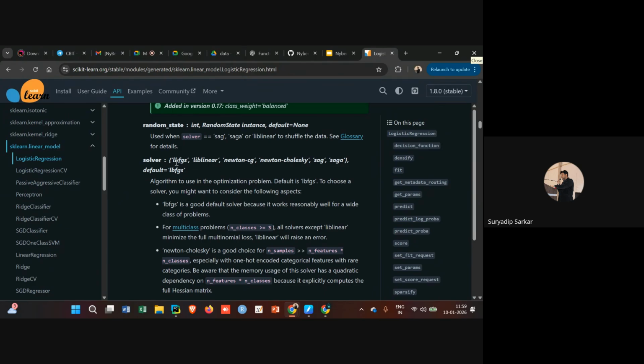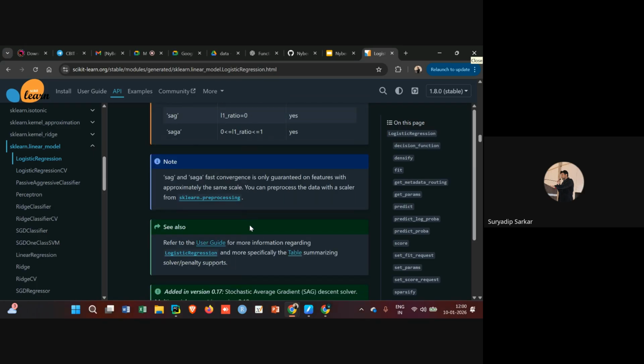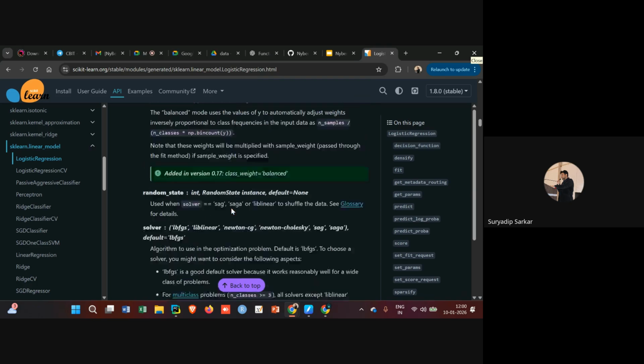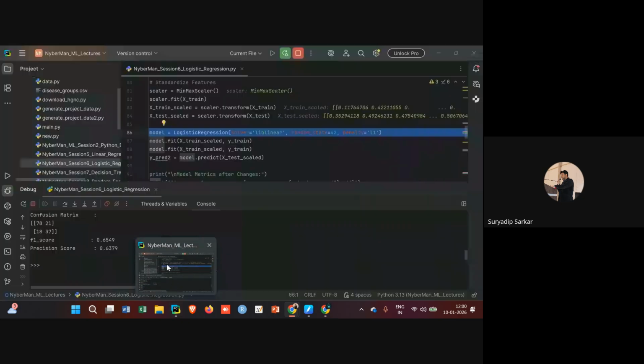There is something called LBFGS, liblinear, Newton CG, Newton Cholesky, etc. What each of these algorithms is for and what they work best with are described here. With respect to that information, I am now trying it out with the liblinear solver. You don't have to go into how each of these algorithms works. That is not necessary. Just know there are several options available for you to experiment with.